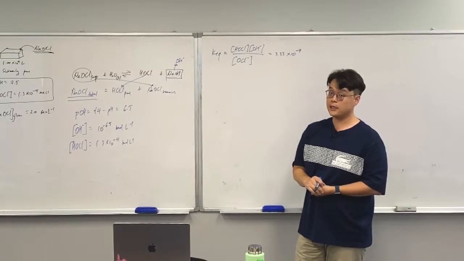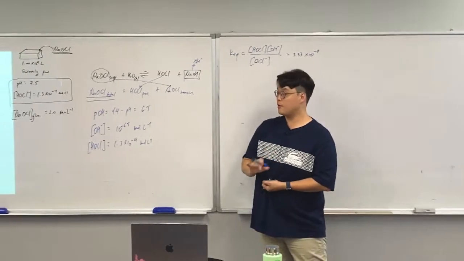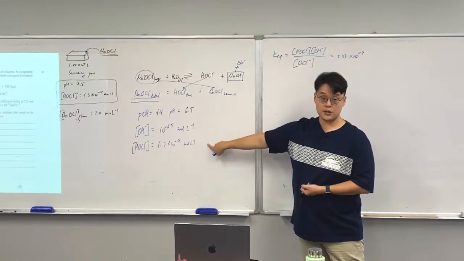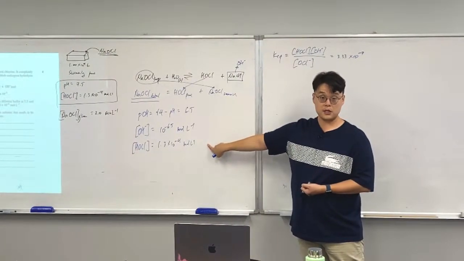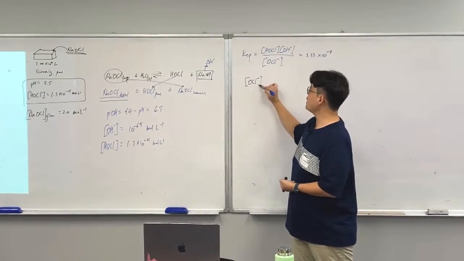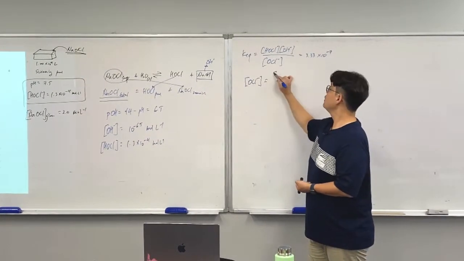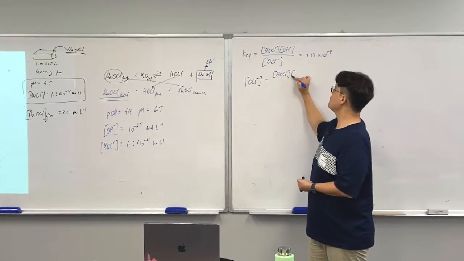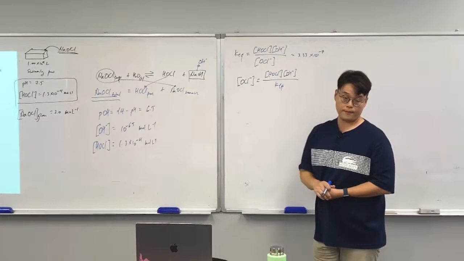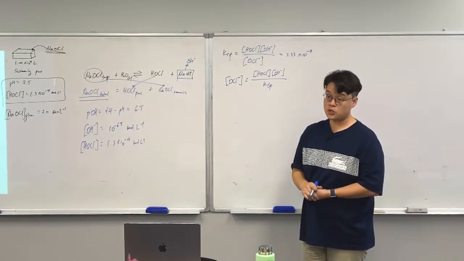Okay, at equilibrium, you're given the concentration of the hydroxide, and you're given the concentration of the HOCl too. Does it make sense? Then you are able to find the concentration of OCl minus from the reaction, which is HOCl times OH minus divided by the KEQ value, by rearranging the formula.